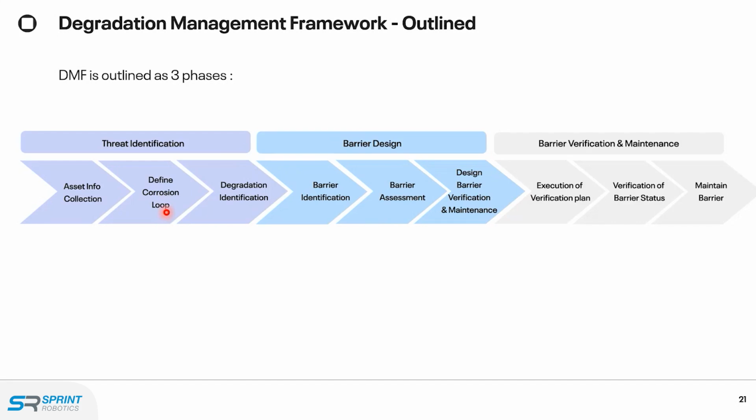We call them common barrier types. So very quickly, you implement the barrier, the degradation, and you know which barriers are more common for that degradation mechanism. That library saves a huge amount of time when you're designing them, right?